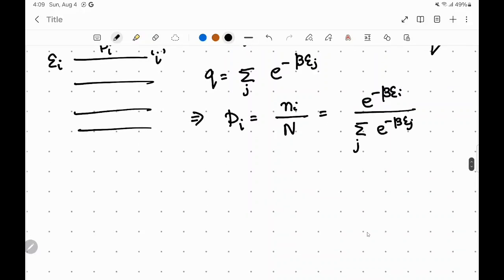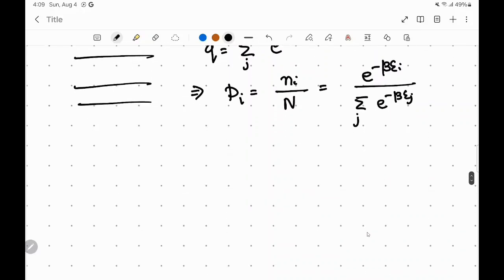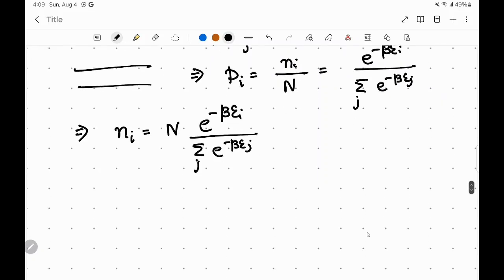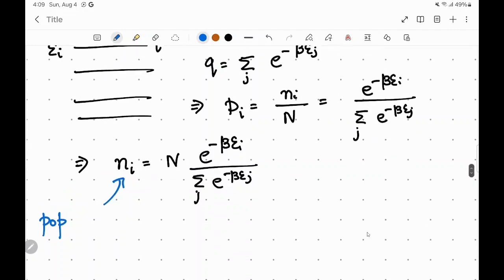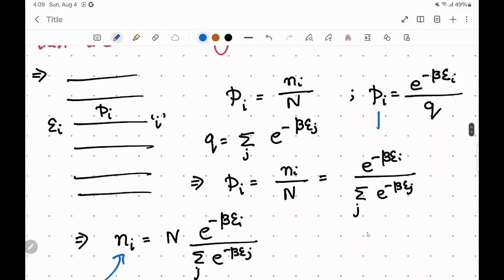So this is our population, right? From here, what you can write is Ni equals capital N into e to the power minus beta epsilon i divided by the sum over j of e to the power minus beta epsilon j. This is the population for the ith level. One thing, this is not population, this is probability, right?